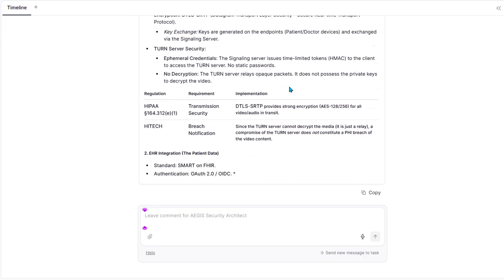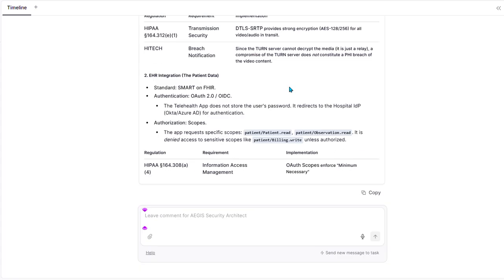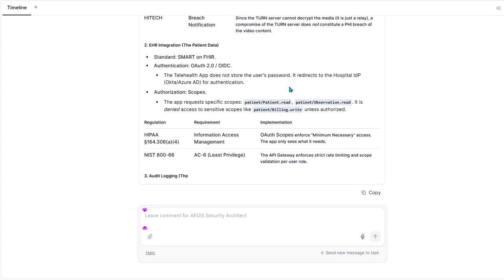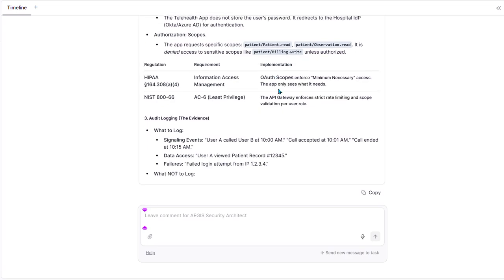It's listing the regulations, partitioning each section into groups, and bringing out the regulations for us to see.